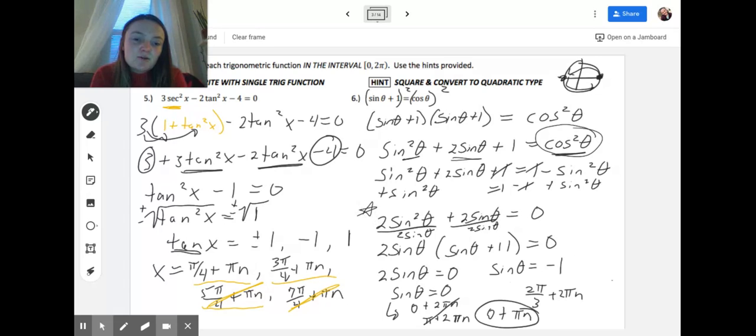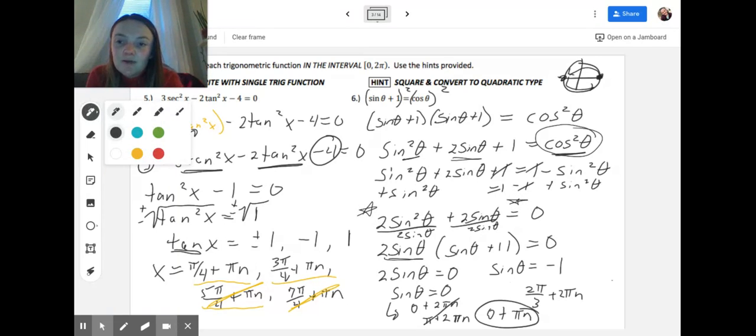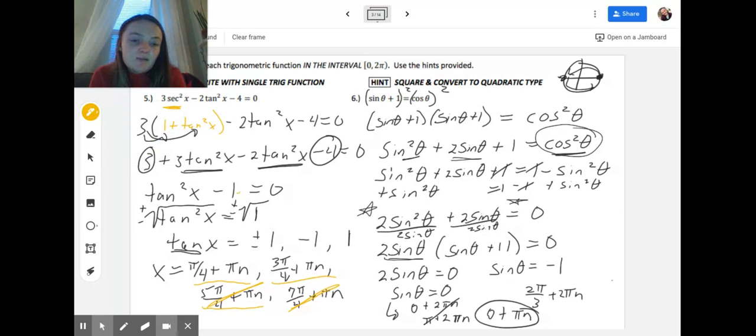I noticed that there was a common factor of sine on both sides, so I factored out a common factor of sine. After that, I used the zero product property. I set 2 sine theta equal to 0, and I set sine theta plus 1 equal to 0. That's going to give me an answer. Well, sine theta is equal to 0 at 0 and pi. So I could say 0 plus 2 pi n and pi plus 2 pi n.